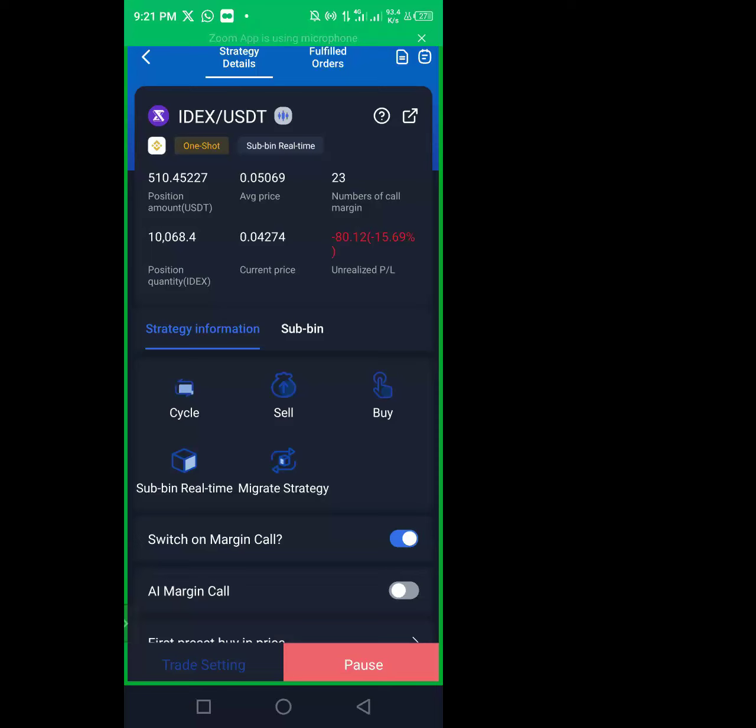I'm using 100% or more to buy this coin back, and my return rate will reduce by half. So I don't have to wait for this coin to recover by 15%. All I have to wait for is for this coin to recover by 7.5%.